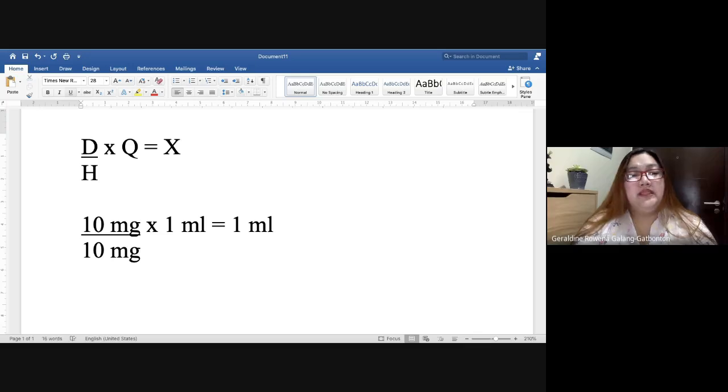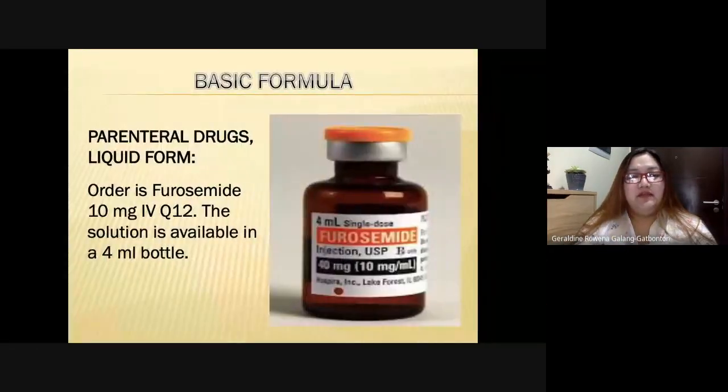Okay? So, again, huwag kakalimutan, kapag may nakikita kayo ng mga liquid preparations na nakakombine, yung weight at yung volume, may nakalagay na per ml, sila yung magka-partner lagi na H and Q. Okay? Now, let's have another example.